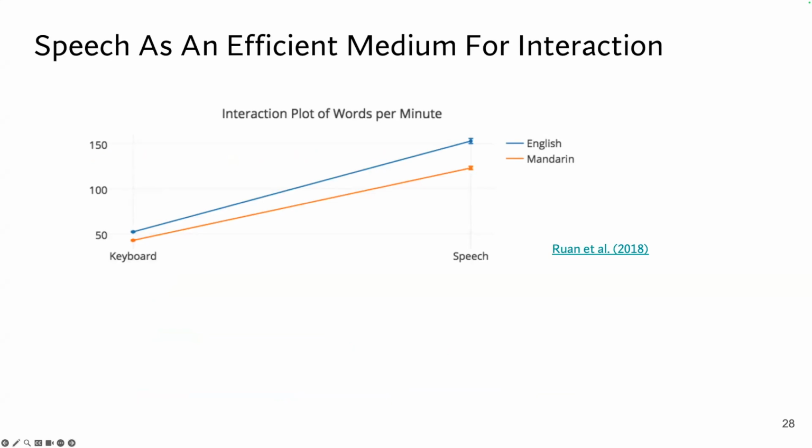To give a quick disclaimer, I'm not an expert on speech, but as many of us, we found speech to be very, very effective and efficient when it comes to interaction. And when we look at these stats, you can see that just from an information perspective, you can talk faster.